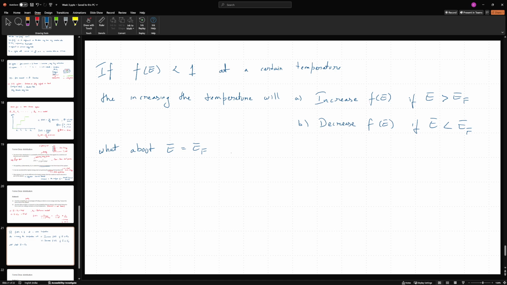So at E equal to EF, f of EF is equal to half at every temperature, even at 0 Kelvin. So that is the other definition of the Fermi energy. It is the point at which the probability of finding an electron is going to be half at all temperatures.